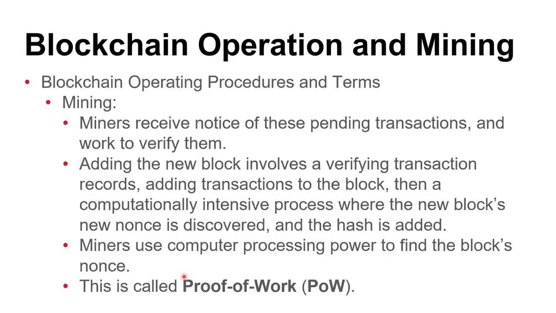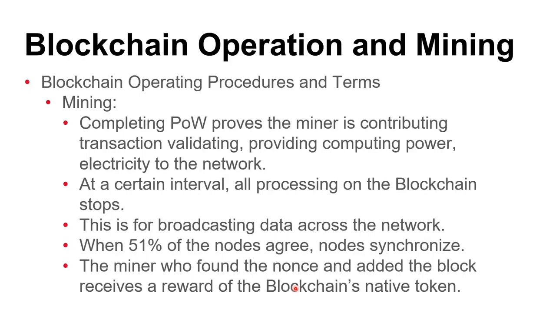And then the hash will be added. The miners use the computing processing power to find that nonce, and this is called the proof of work. Completing the proof of work essentially proves that the miner is contributing transaction validating and providing computing power and electricity to the blockchain network.